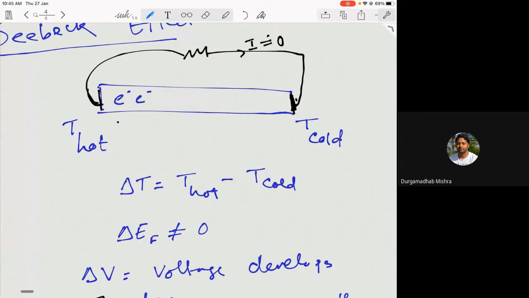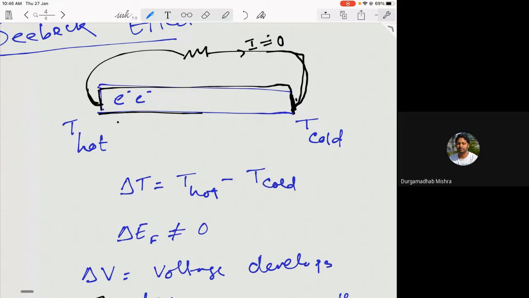The delta V generated between the hot and cold end within this material will be positive, and the delta V generated in the other circuit will be opposite to that, so you cannot get any external current by this method. You can only develop a voltage difference, which is a difference in electron energies.